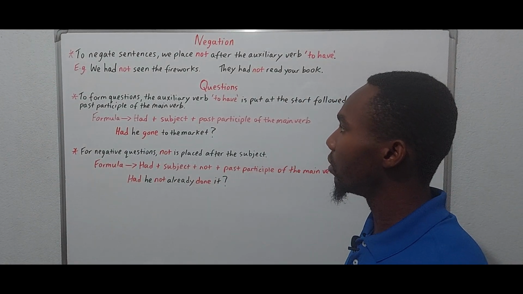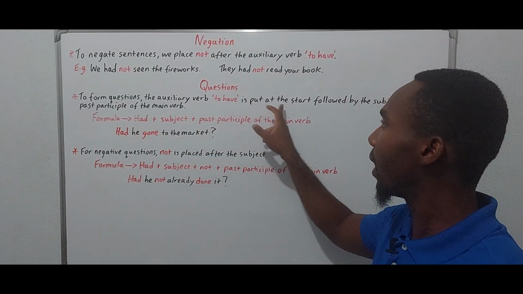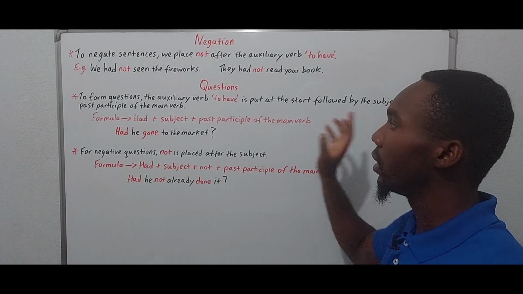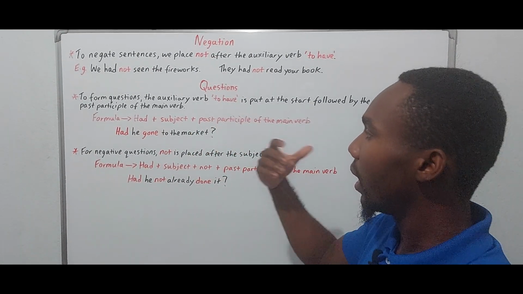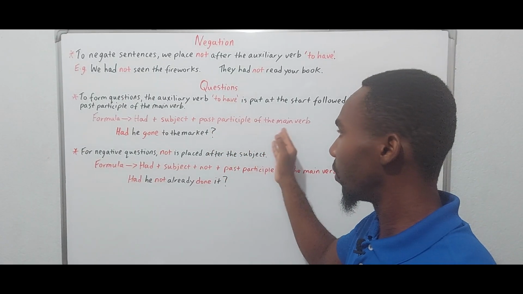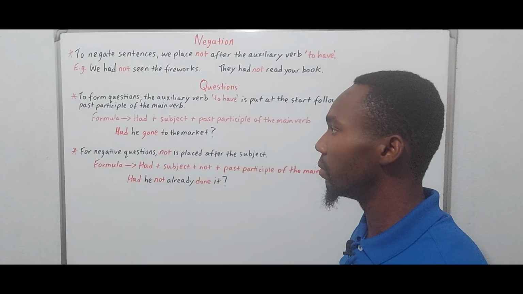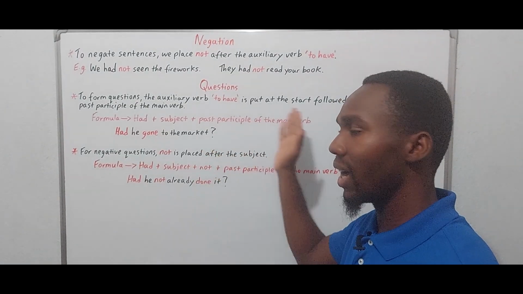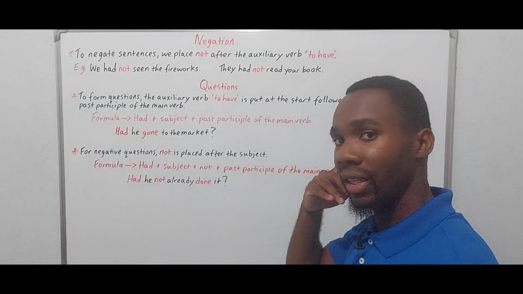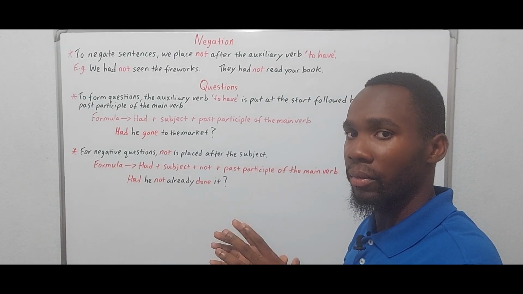Let's get to questions. To form questions, the auxiliary verb to have is put at the start, followed by the subject and the past participle of the main verb. Okay. Had, subject, past participle of the main verb. Had he gone to the supermarket? And of course, we could have more information in that question, but this is just the simplest form, right?